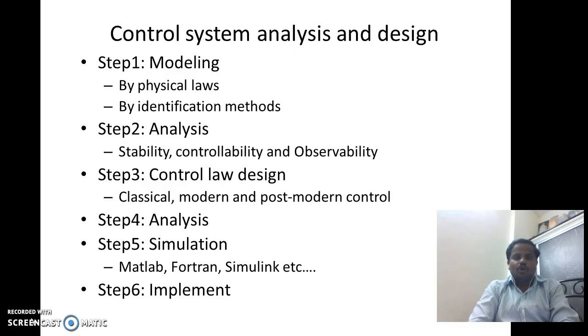Step 3 is control law design. Step 4, analysis. Step 5, simulation, which may be done using MATLAB, Fortran and Simulink. Step 6 is implementation. We are focusing on step 1, where mathematical modeling of the system is focused.